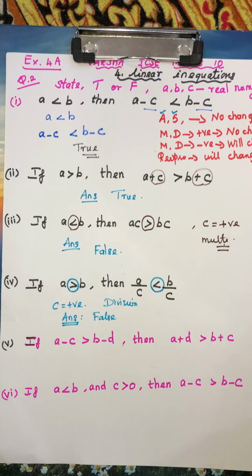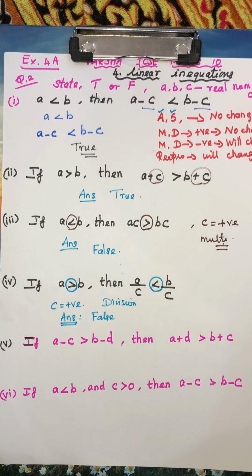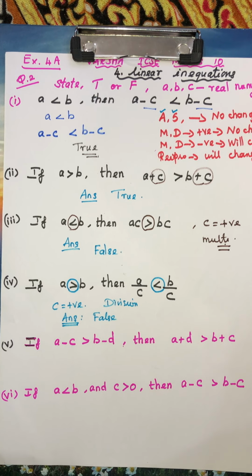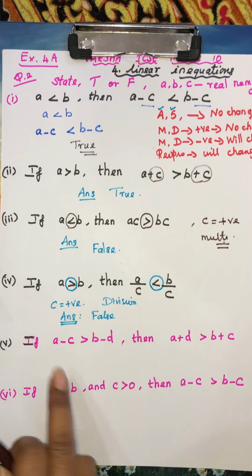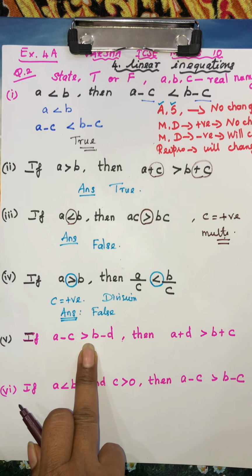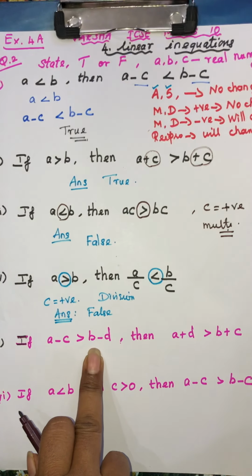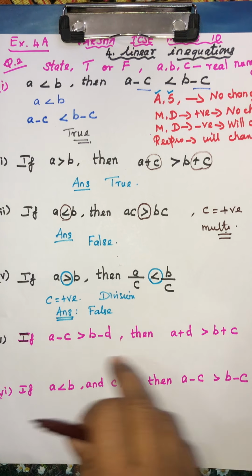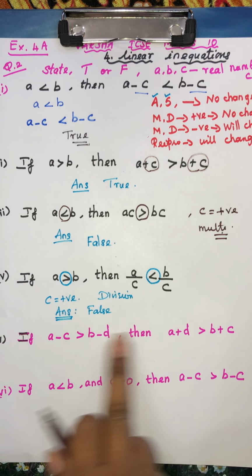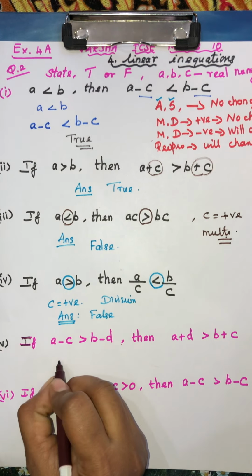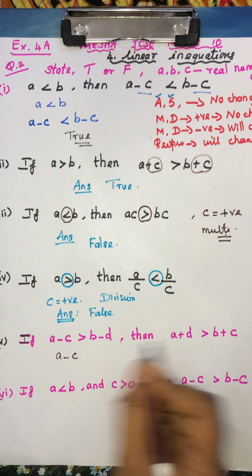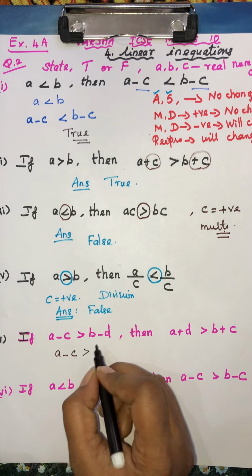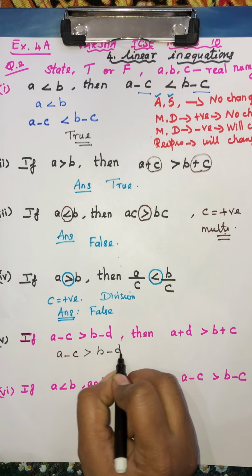Now go to the fifth question. In your fifth question, a minus c is greater than b minus d, then a plus d is greater than b plus c. So the inequality is not changed. Listen. This is a minus c is greater than b minus d.